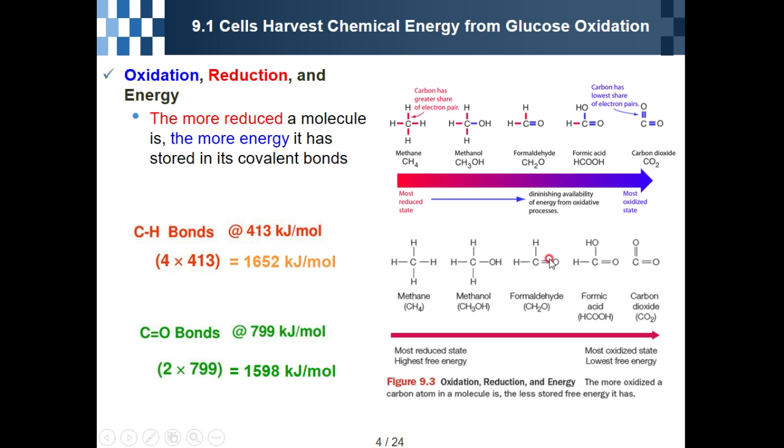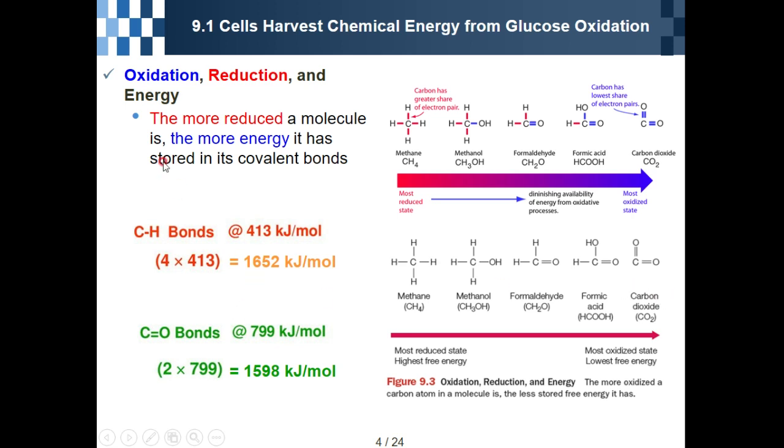After that, this has an oxygen with a double bond, and we call it formaldehyde. After that, this H is changed to OH, and we call it formic acid. Finally, this is carbon dioxide. So this is the most reduced status, and this is the most oxidized status.